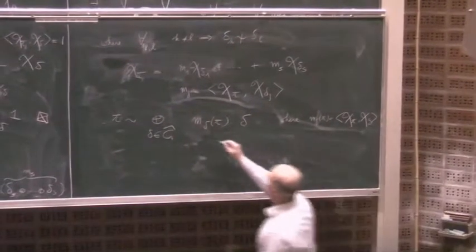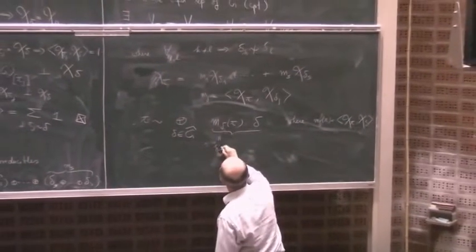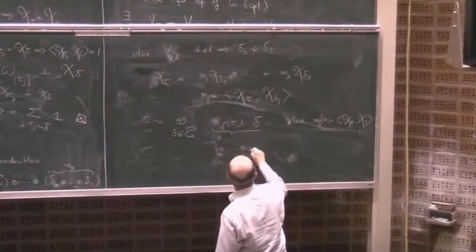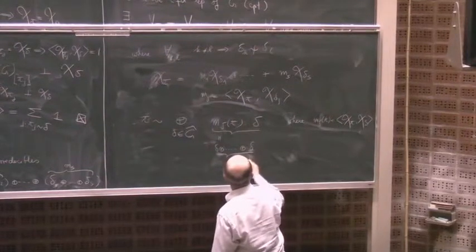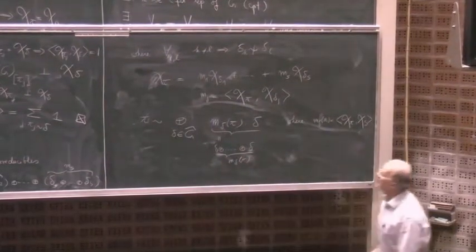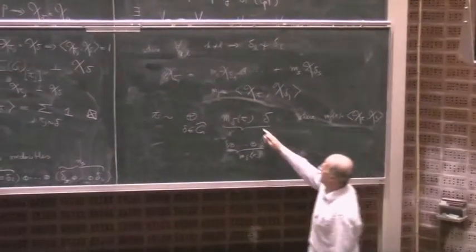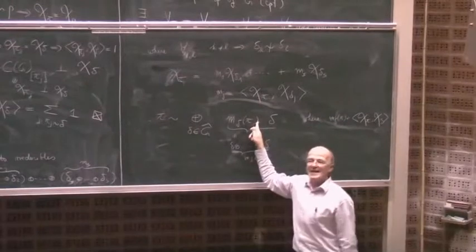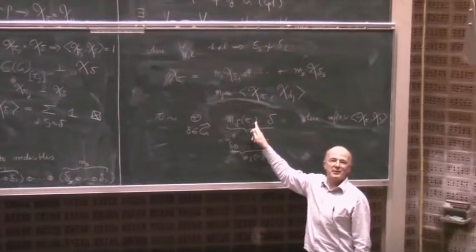So the meaning of this is, this should be seen as the direct sum of m delta pi copies of delta. And of course this m could be 0. In fact, except for finitely many irreducible representations, it will be 0.